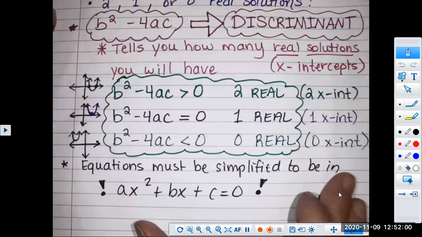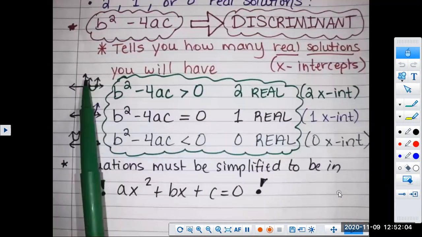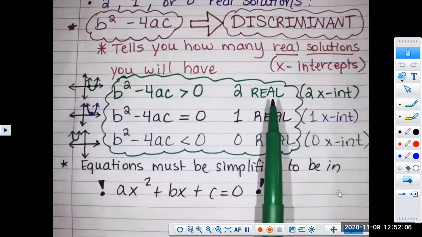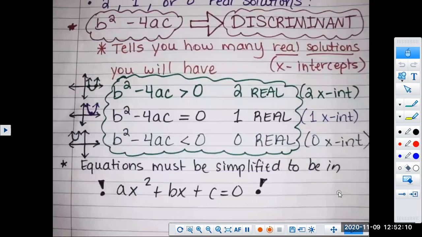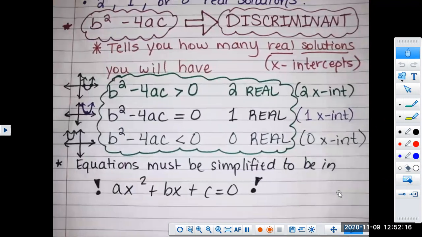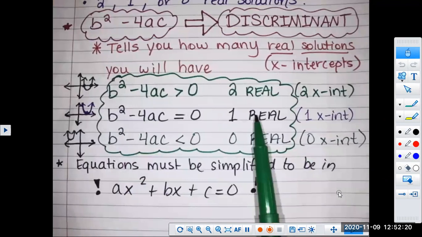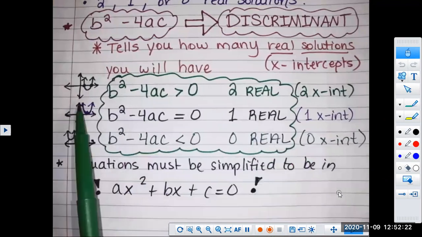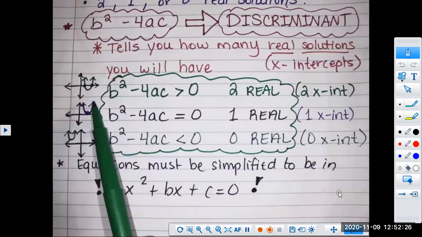You don't have to know this, but your graph, of course, if you have 2 real solutions, then that parabola, whether it's up or flipped, is going to cross the x-axis twice. If the discriminant is 0 and you only have 1 answer, 1 solution, it only touches the x-axis, only touches it 1 time, either up or if it's flipped down.